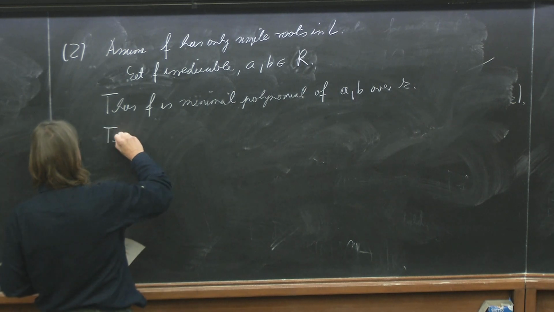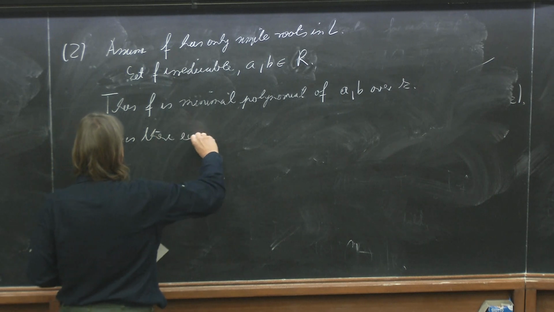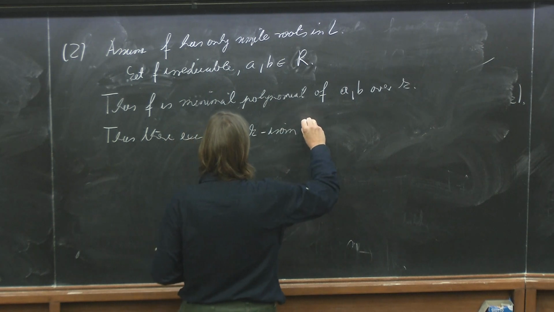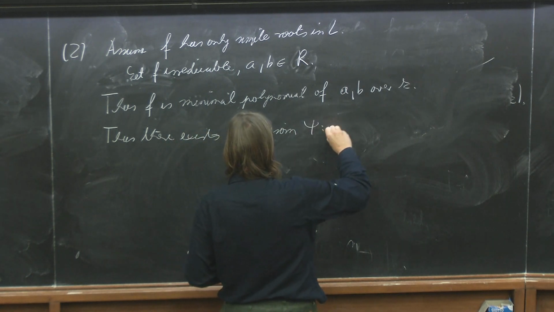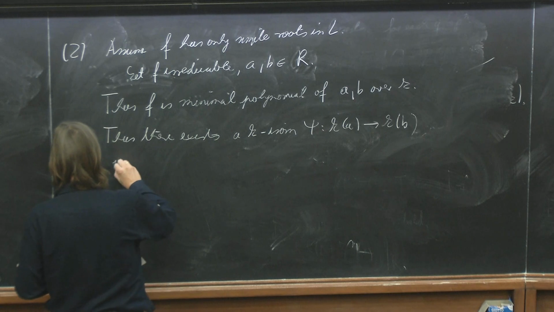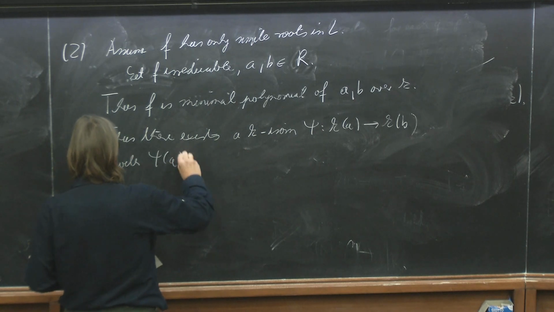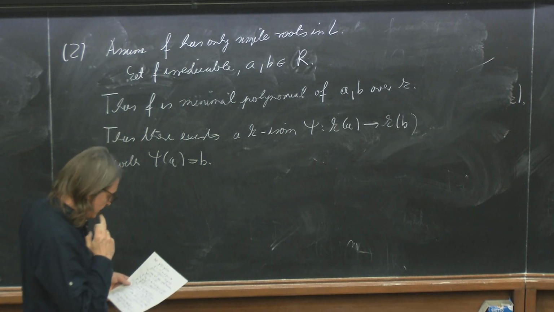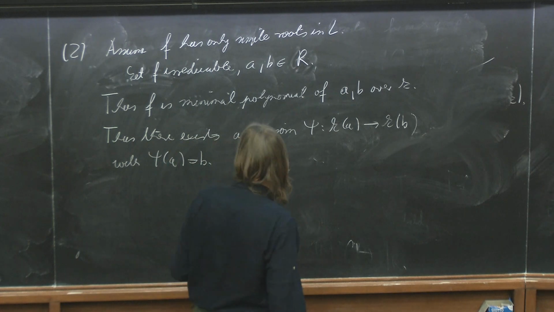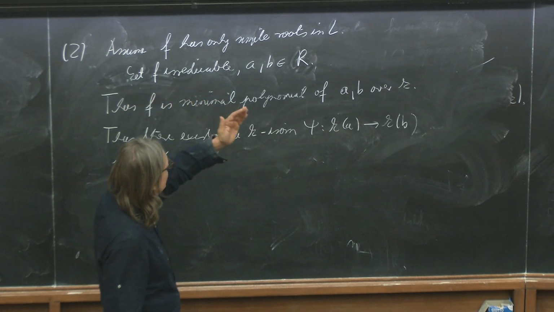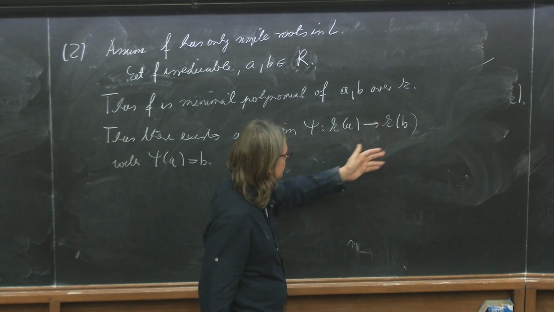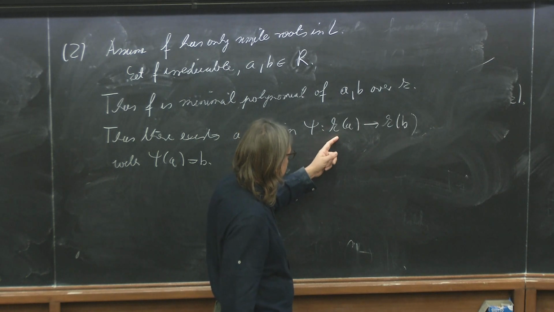So thus, there exists a K isomorphism, I want to call it psi, from K(A) to K(B) with psi of A is B. And now, again, we have that L is the splitting field of F over K, and K(A) and K(B) are both intermediate fields, so it's also the splitting field of F over K(A) and over K(B).